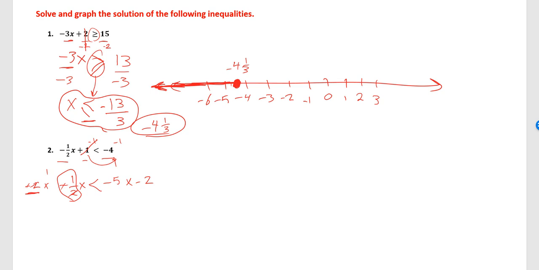And I have to flip the inequality sign, okay? I have to flip it this way. So minus 5 times minus 2, the negative signs turn into a positive, and then 5 times 2 is 10, and then I have the x because I got rid of the minus 1/2. So this is my answer. X is greater than 10.